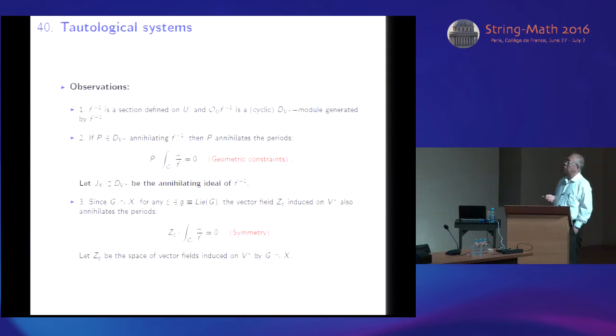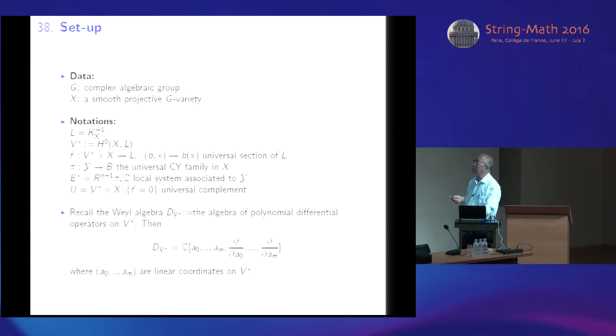Now, so we have the tau system, which we call tautological system, has the following observations that we want to make. There's a universal section, actually, what we just saw. So F inverse is defined on U, so you may not be familiar with this notation yet.